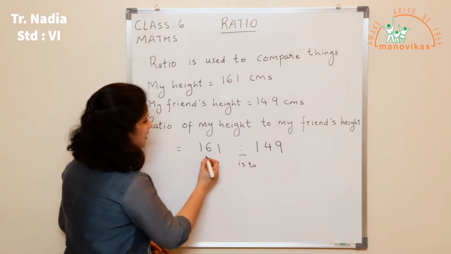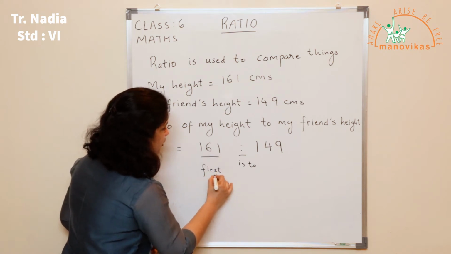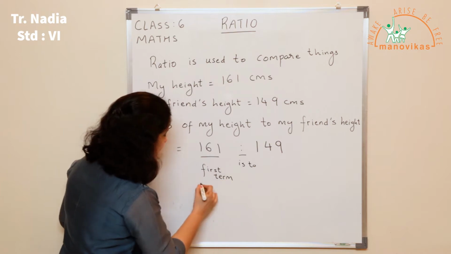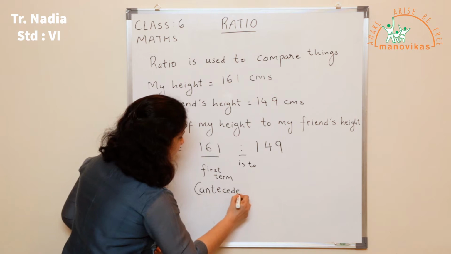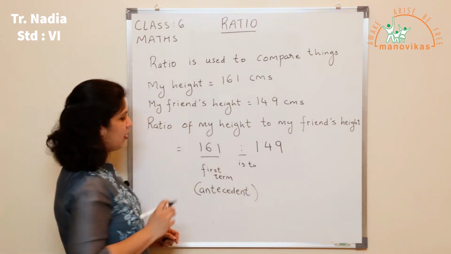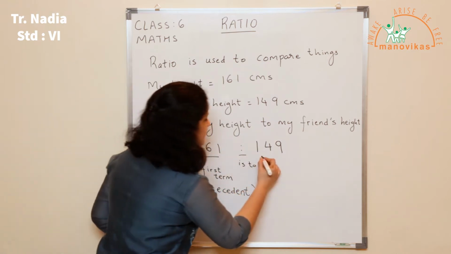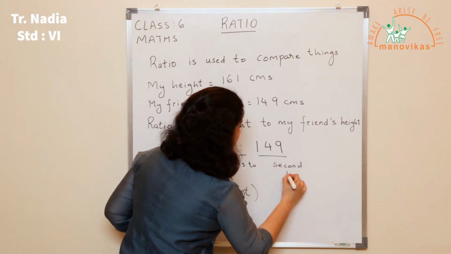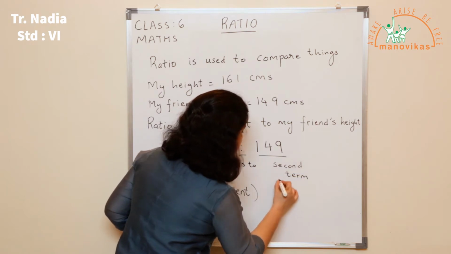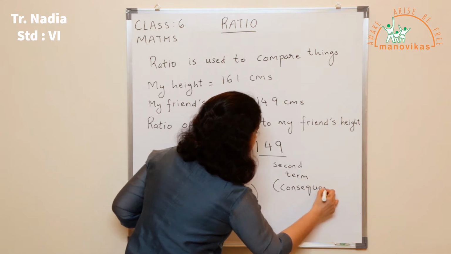Now, the first term in your ratio is called the antecedent. This is the first term of your ratio and it is known as an antecedent. This is the second term of your ratio and it is called the consequent.